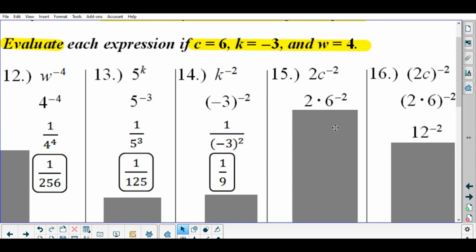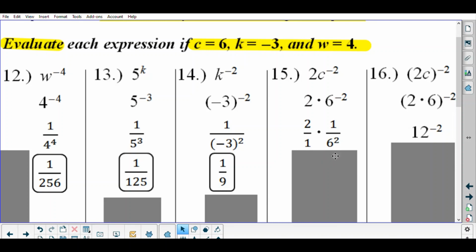So you have to deal with the 6 to the -2, which is 1 over 6 to the second. As I showed you on an earlier example, that 2 is not being taken to the -2nd power. That whole number of 2 is 2 over 1 when you write it in fraction form.